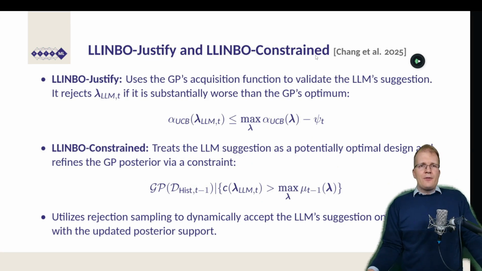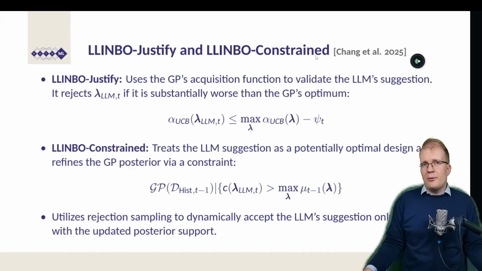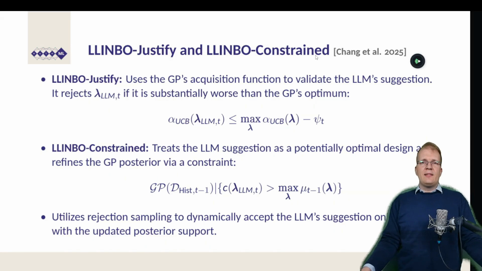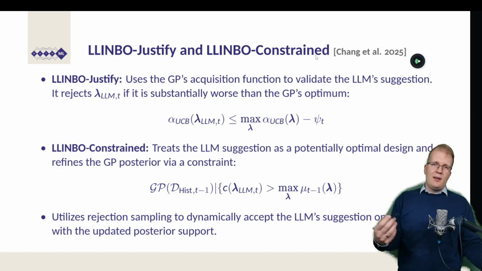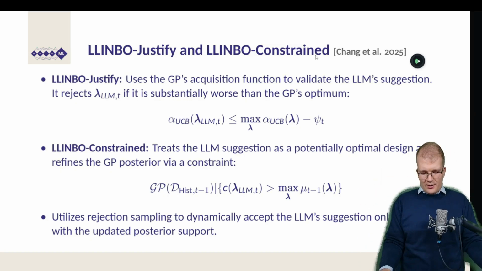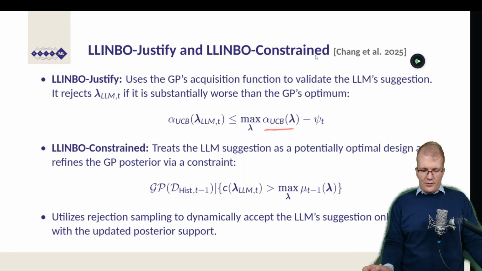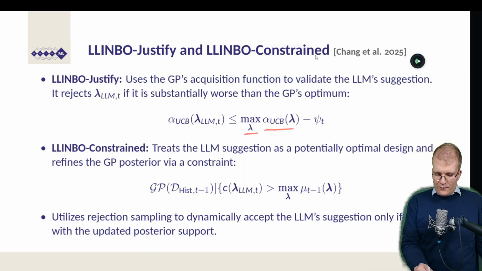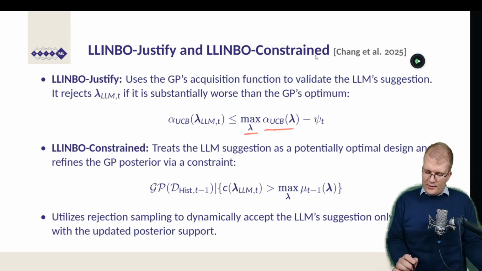The idea of justify and constraint is a bit different. Justify is the idea that we use the GP's acquisition function, whatever that is, for example UCB, to validate the LLM suggestion. So the LLM is our sampling mechanism, and now we would like to see whether it's proposing something reasonable. For that, we use our GP with UCB as an acquisition function and take the best one we have seen so far, or what the GP's optimum could be, either on the history or on the entire posterior distribution.